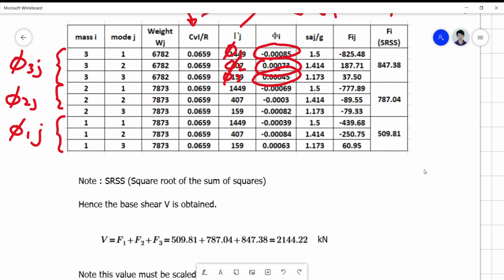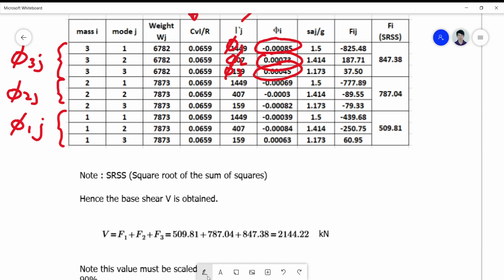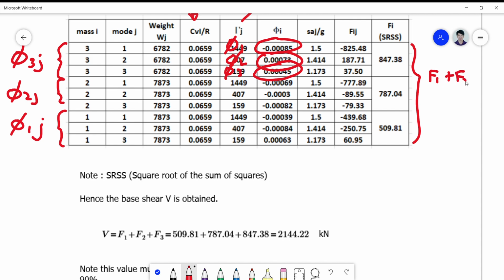Therefore your base shear is simply the sum of these three, F1 plus F2 plus F3, equal to your base shear.